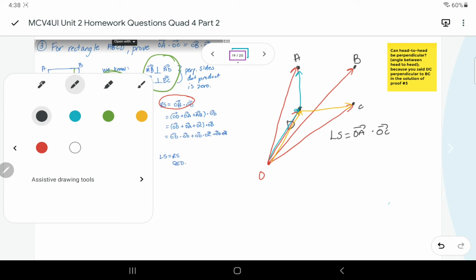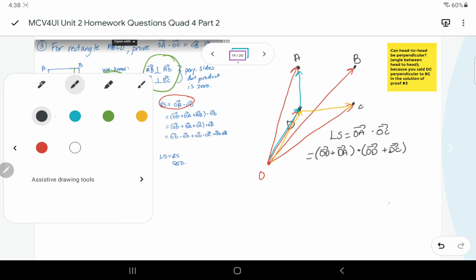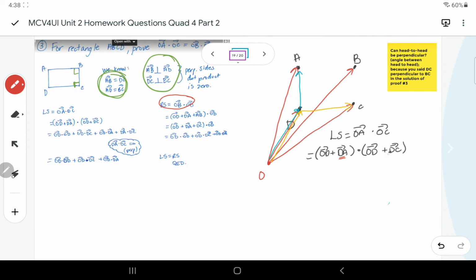So here I've just changed this, and I know I'm going to be able to use the distributive property, so that's OD plus DA dot OD plus DC. And the trick that I'm seeing here is that when I do the distributive property, DA dot DC is going to disappear, because that will be 0 because they're perpendicular.